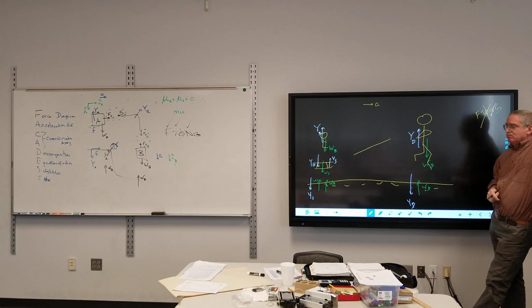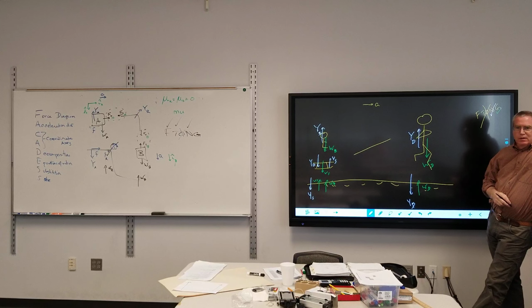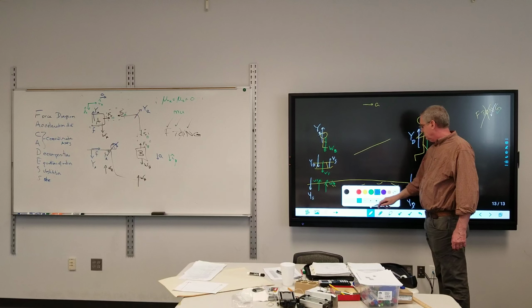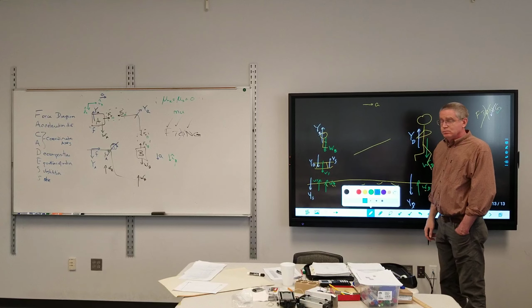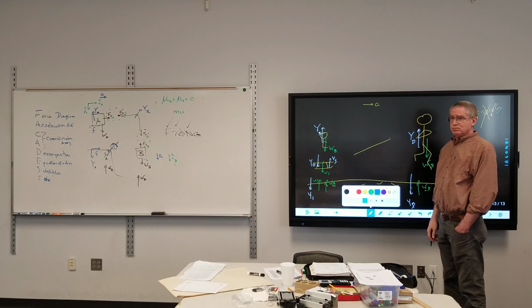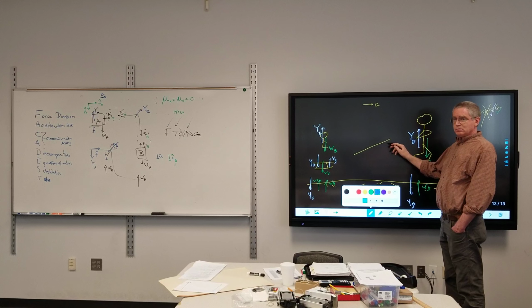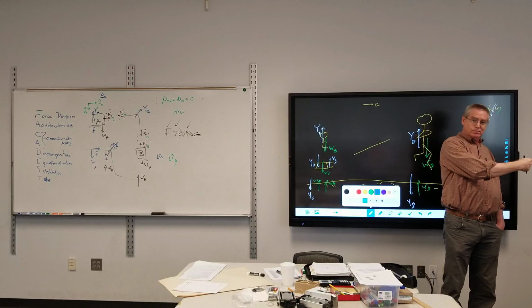Done. And then lastly is tension. There's tension between the dad and the string, so from the string it'll be going to the right.